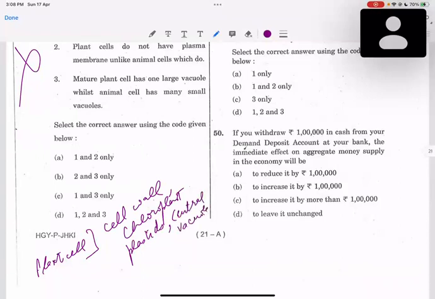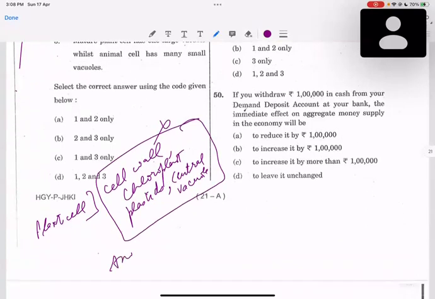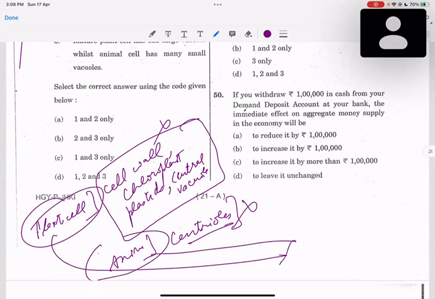Do remember the diagrams of plant and animal cells; these things are absent in animal cells. Animal cells have centrioles, but these are absent in plants. And both plant and animal cells have a plasma membrane.